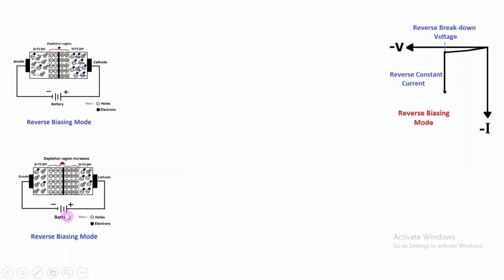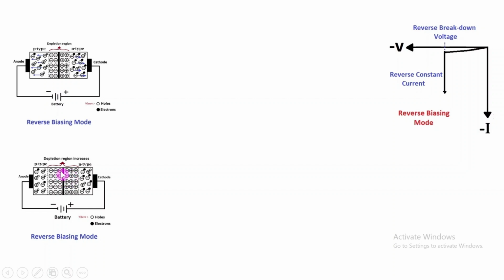If we increase the magnitude of this voltage, this device will bear some electric field. So if we increase this external voltage, these immobile ions will be more, due to which the electric field inside this PN junction, this depletion layer, will be more.